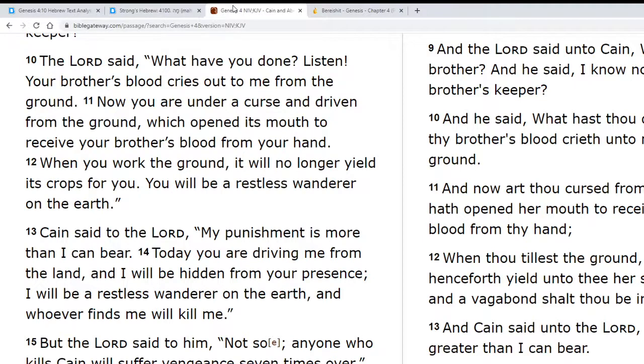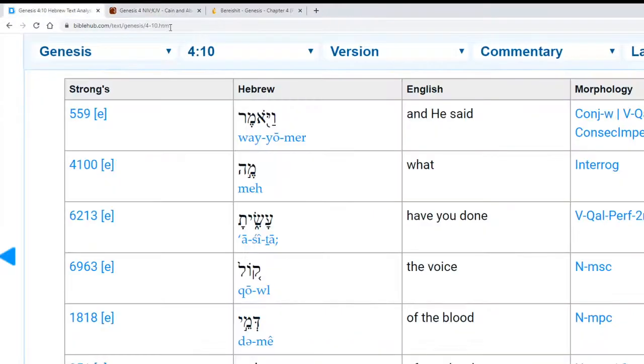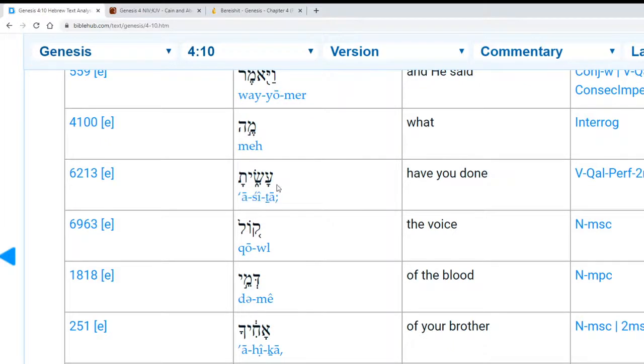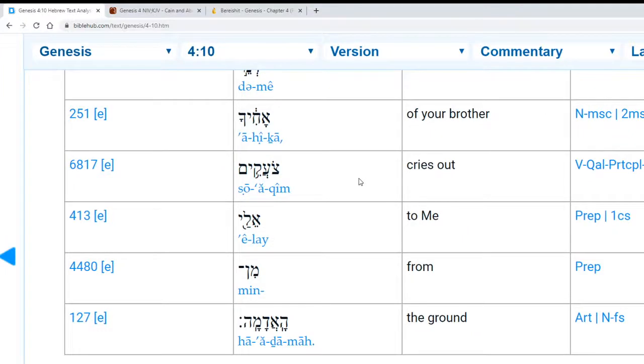Oh, okay. I guess if you translate Qol here as not being part of the construct, then me asita, Qol, voice, right? There is a sound.